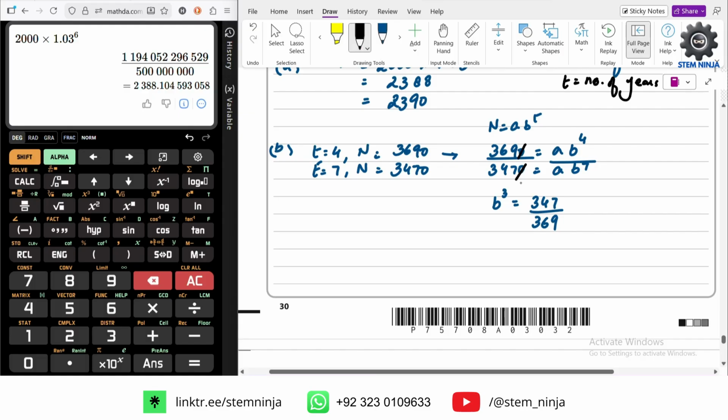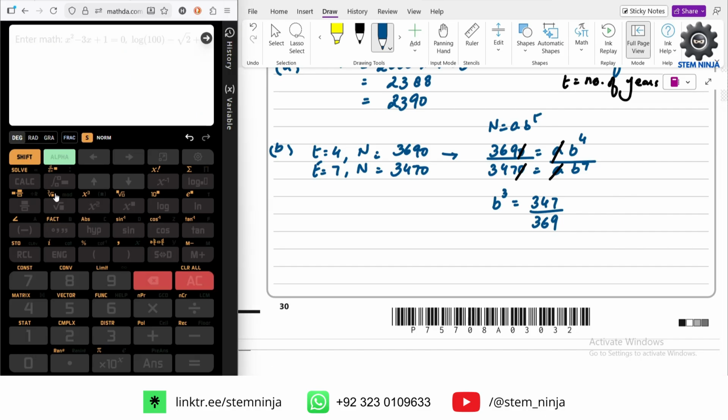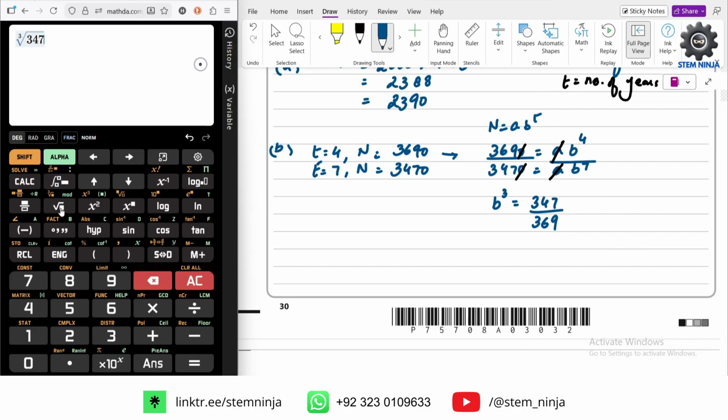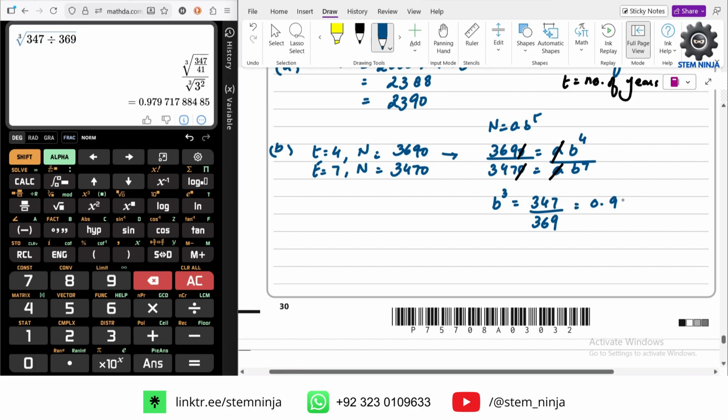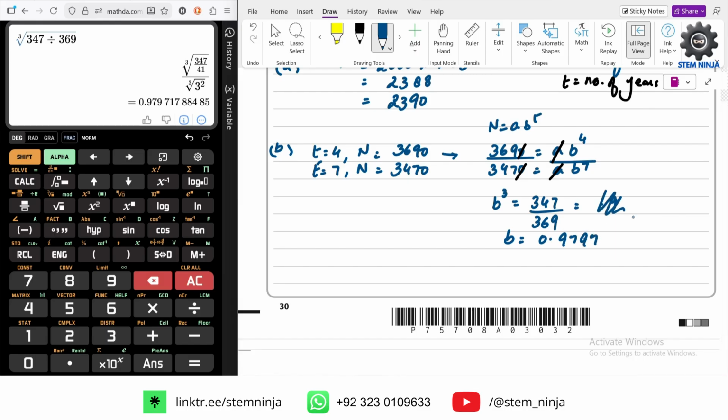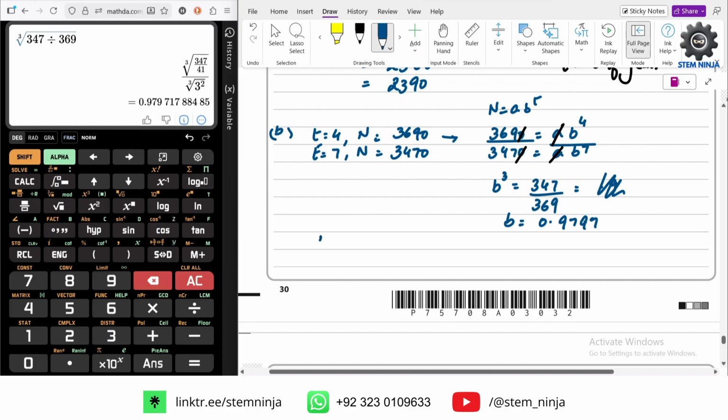So basically what we're doing, 0, 0 cancelled, a, a cancelled. So we need to take the cube root of 347 divided by 369. So b is equal to 0.9797. So let's keep it as it is before we find out a.